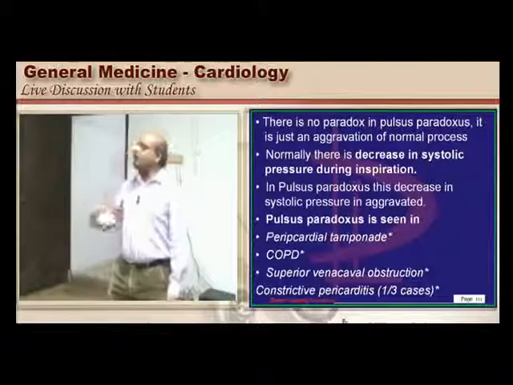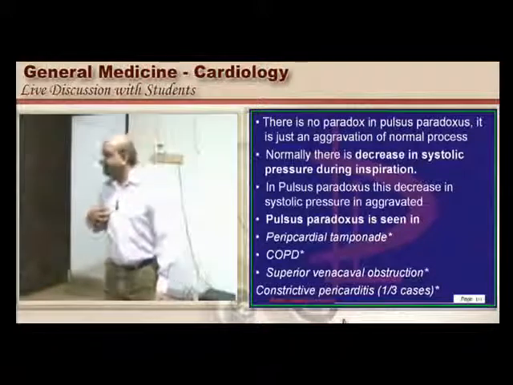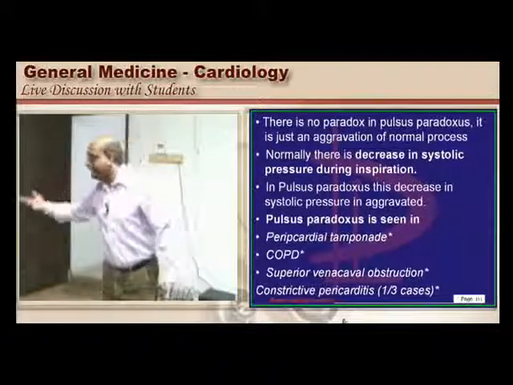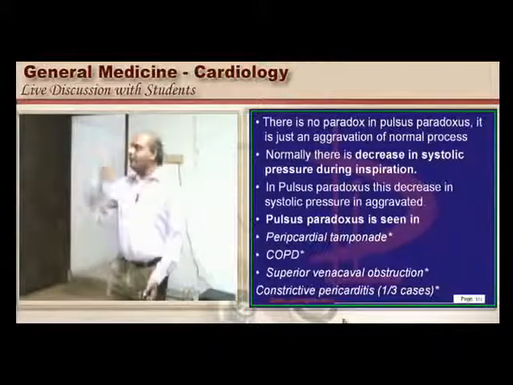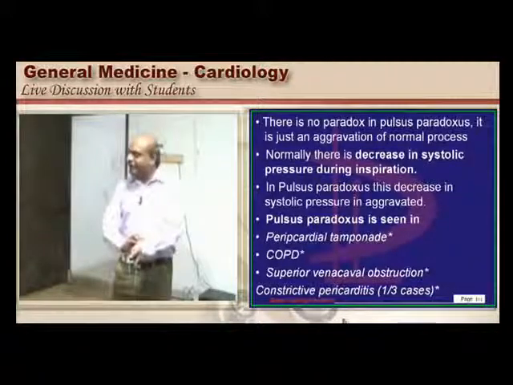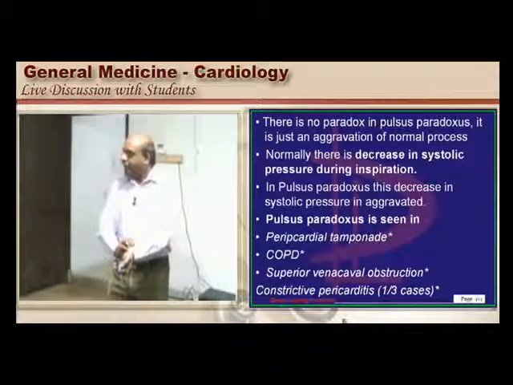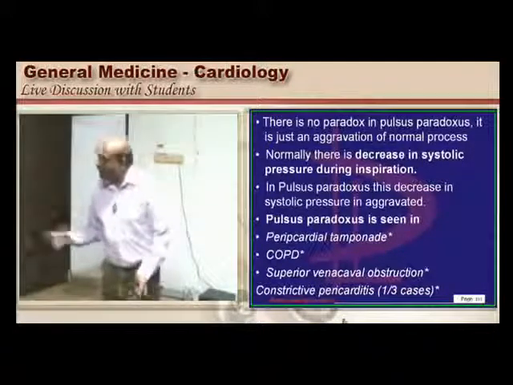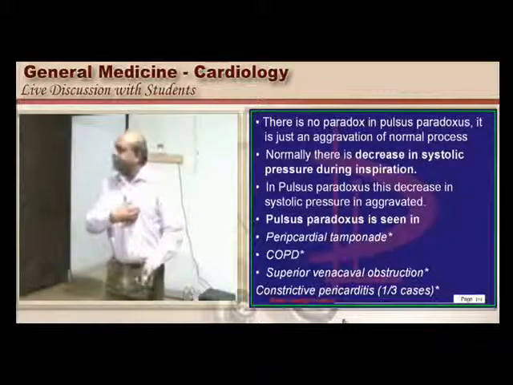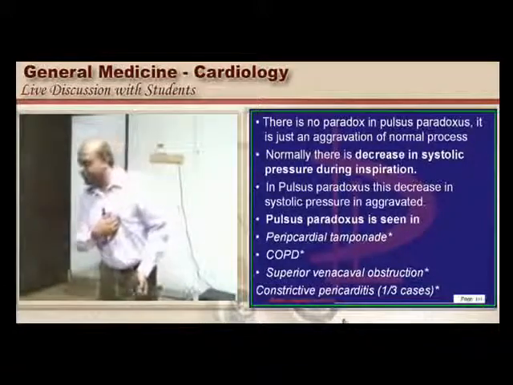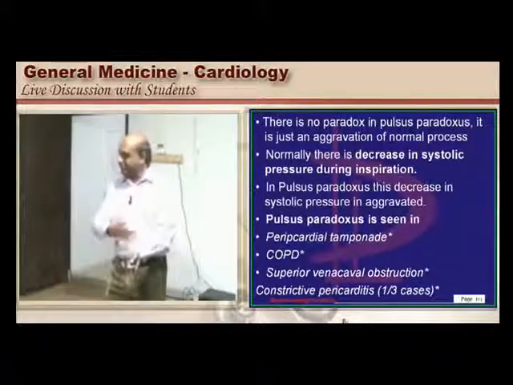Suppose if I have asthma or any cardiac tamponade, what will happen? This phenomenon becomes exaggerated. So at the time of inspiration, it is not simply a decrease, there is a total collapse of the peripheral pulse. And then why is it called paradox? The pulse is not felt but the stethoscope is listening to the heart sounds. So that is the paradox about it.